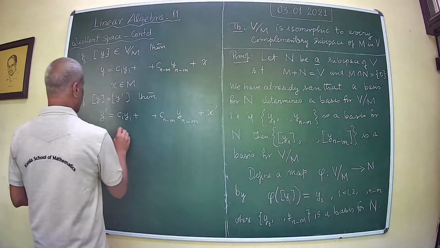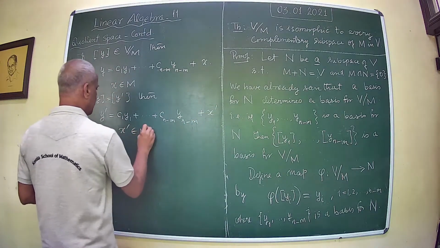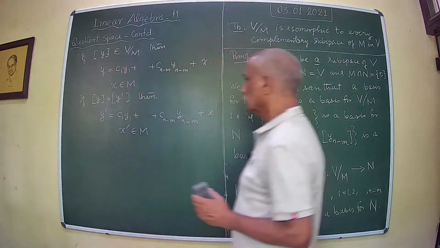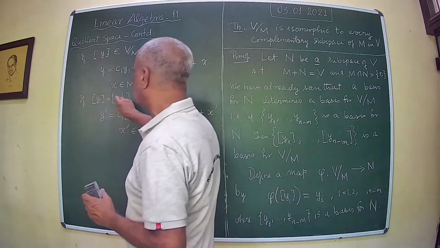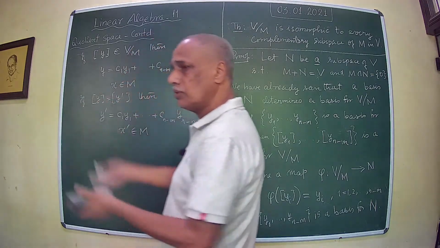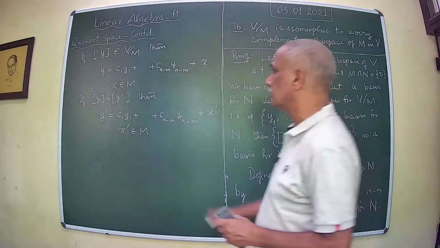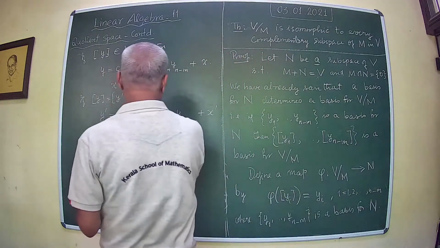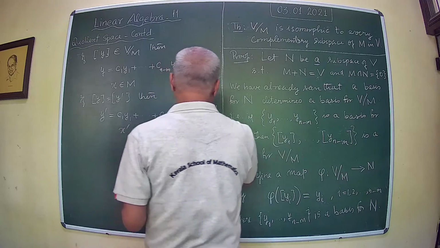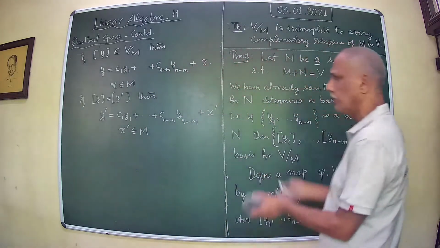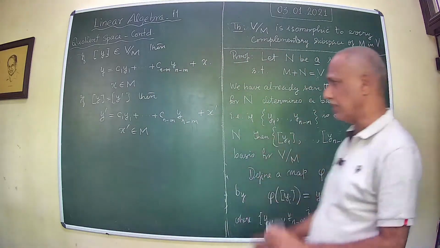x prime, where x prime belongs to V. So if this identification is there, irrespective of what represents this one, you always end up with the same coefficients for y1, y2, etc. yn minus m. This is what we have proved, or you can directly verify this.